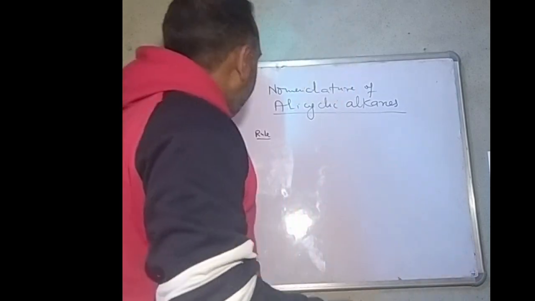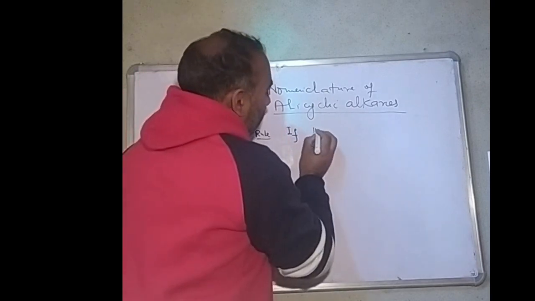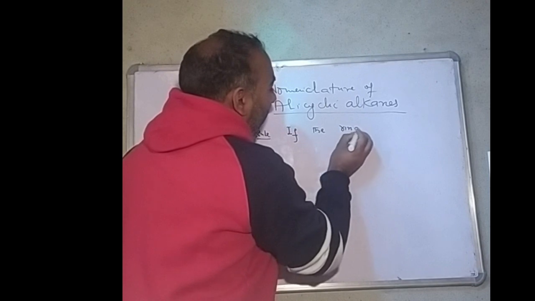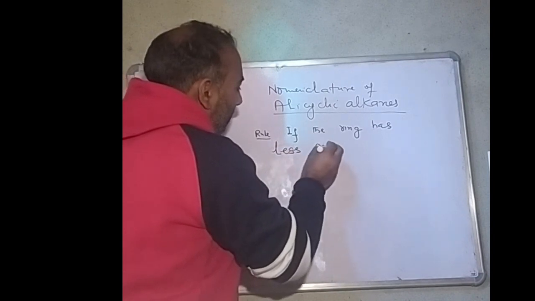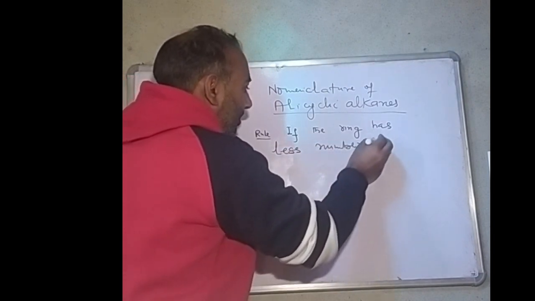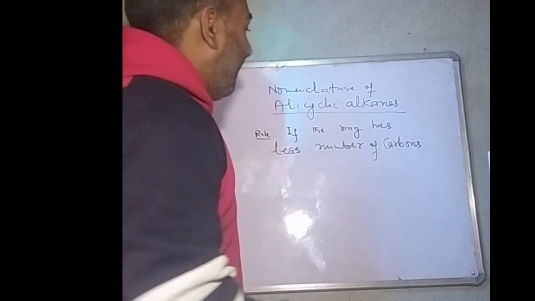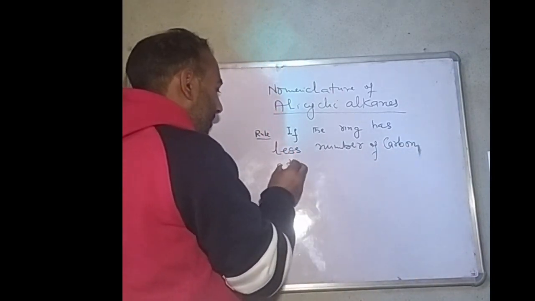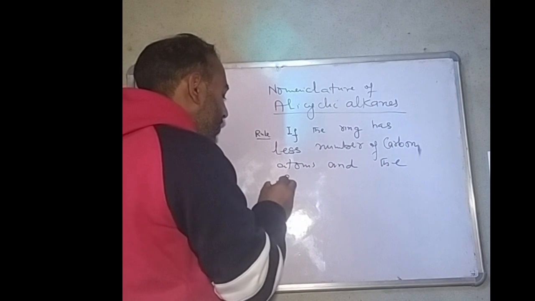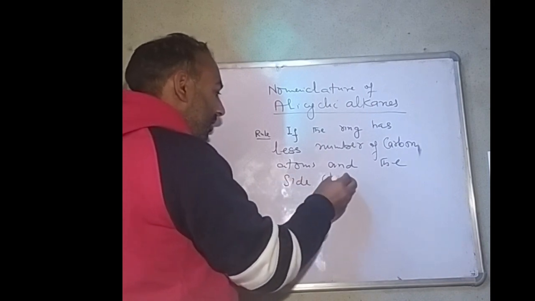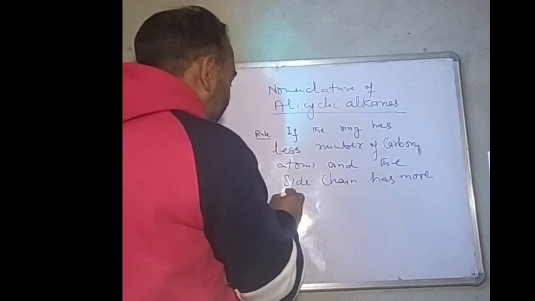Okay, let's continue. The rule is, if the ring has less number of carbon atoms, and the side chain has more number of carbon atoms.